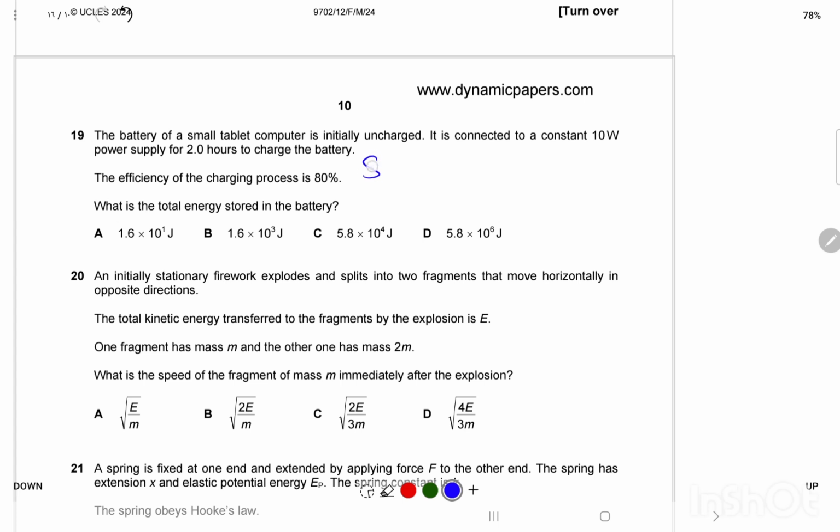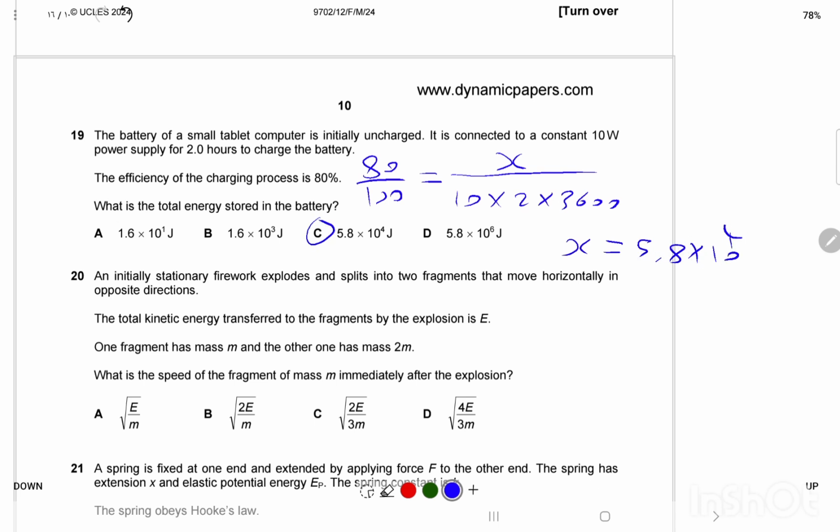We know that efficiency, which is 80%, is equal to useful energy output over energy input. Energy input is power times time, which is 10 times 2 times 3600, and the output here is X. So you cross multiply, and you get X is equal to 5.8 times 10 to the power of 4 joules, which is option C.